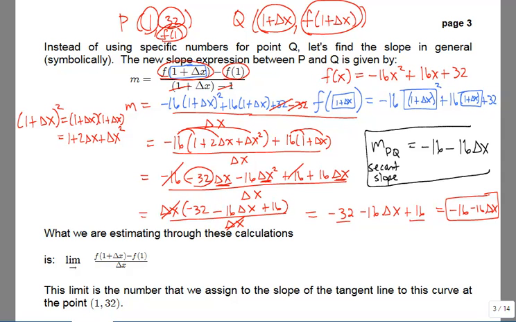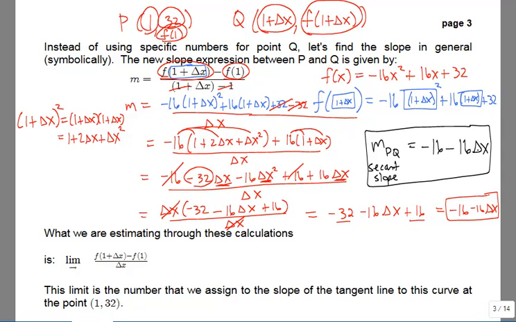So if you tell me that point Q is 0.1 away from point P, then I could just plug in 0.1 for this delta x, and that would tell me what the secant slope would be. And I wouldn't have to go through all the work of making those tables like I did on the last page to figure it out.